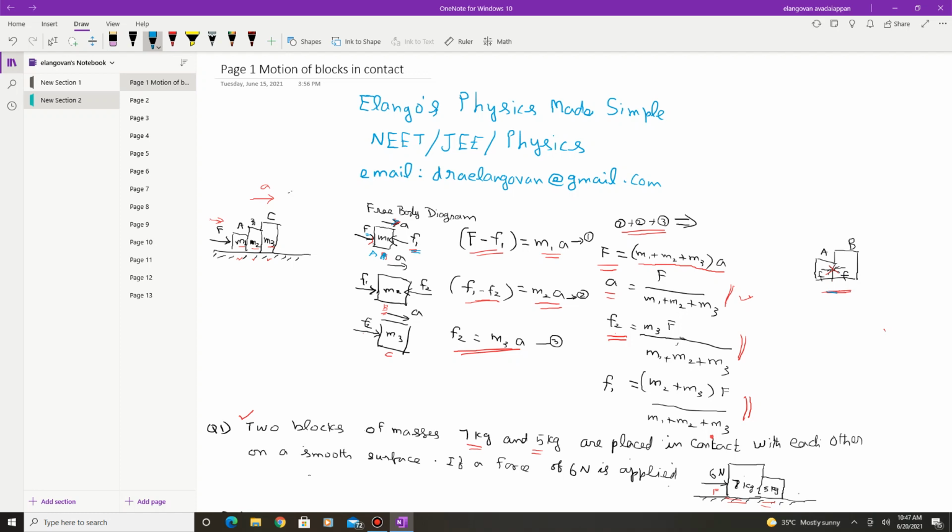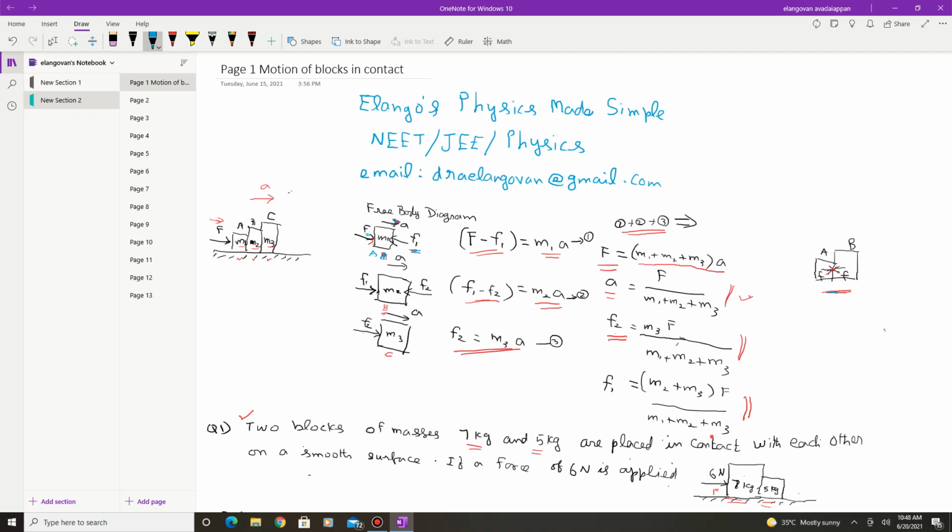This contact force is acting on the block A from B. Since the block B is in contact with A, a contact force is acting on A due to the block B.